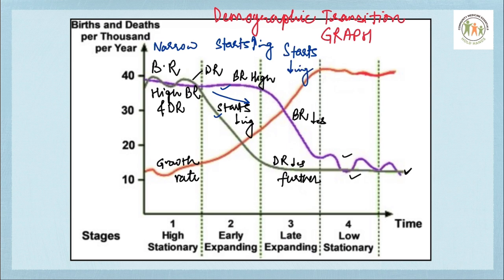Next in stage 4, again it is narrow as birth rate and death rate are low. Then in stage 5, it is negative because here death rate exceeds birth rate.